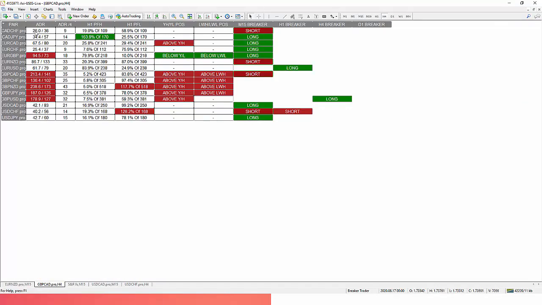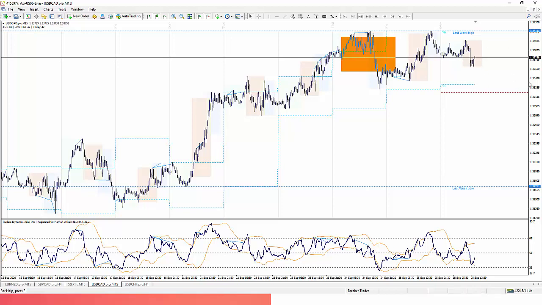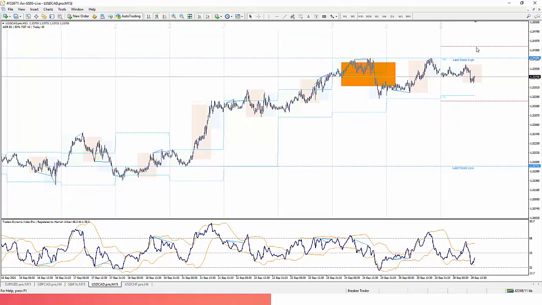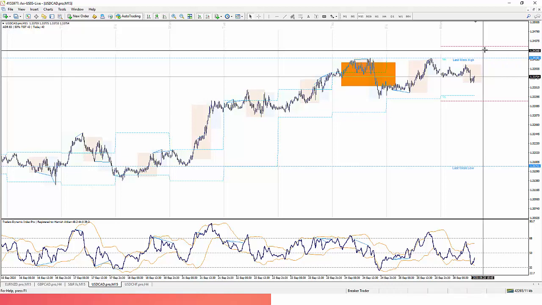So that's basically an overview of the order block indicator and the dashboard. I'll just quickly explain these other columns. Obviously ADR on the dashboard shows the average daily range of the last 10 days. I have an indicator on my charts as well. These red lines here are drawn, which is the ADR low and the ADR high. So those are drawn on the chart for me. I also have the ADR numbers up here.